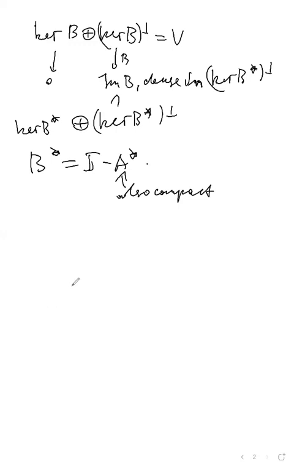So if the image of B is exactly equal to the kernel of B star orthogonal, then we're done.